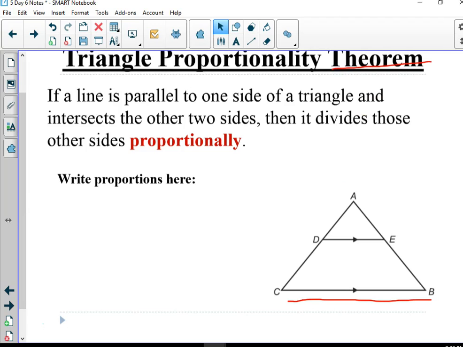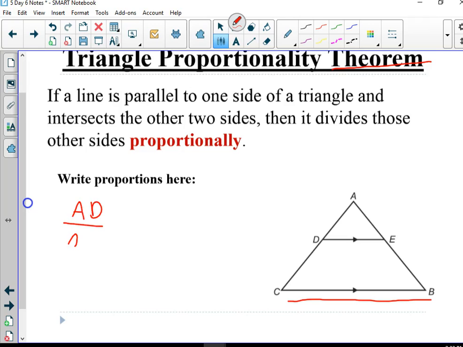Okay? So for example, AD is proportional to AC the same way AE is proportional to, sorry, I'm going to do DC here. We'll get into all the different variations.